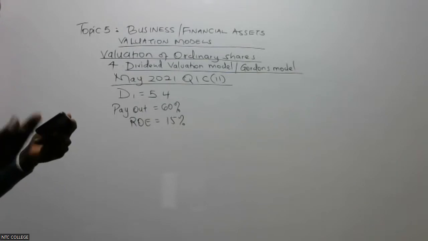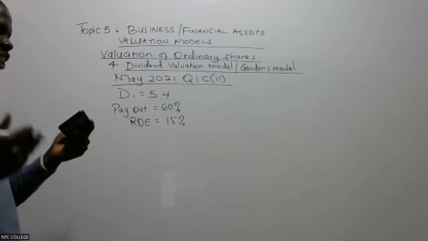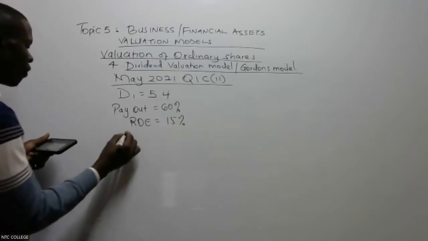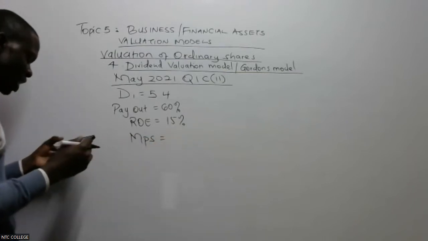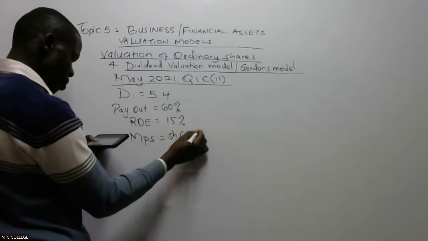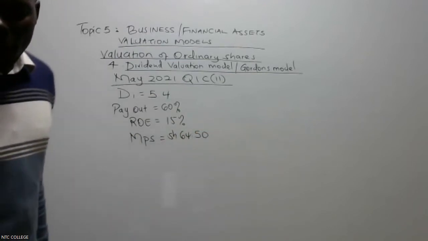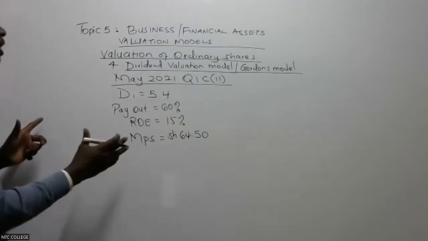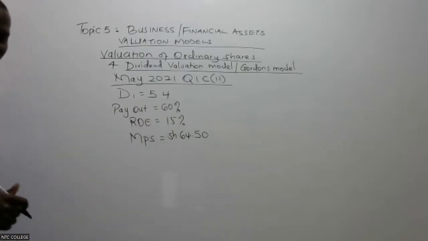Then the dividends have been growing at a constant rate in perpetuity. The company's shares are currently selling at 64.50, so our market price per share is 64.50.